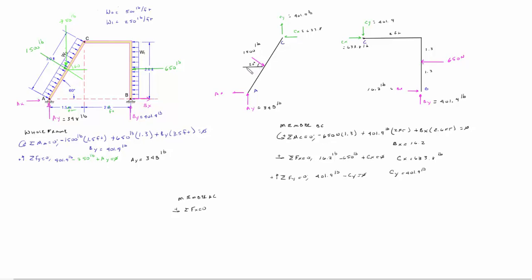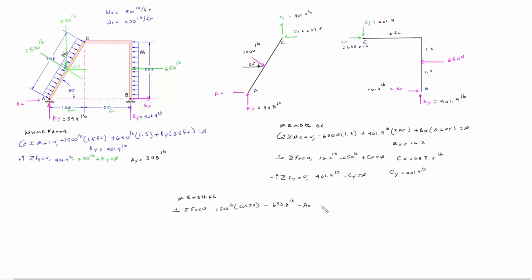I need this X component, which is going to be in this direction. So this is going to be 1,500 pounds times the cosine of 30, and that's positive, then minus 633.8, and subtract AX.